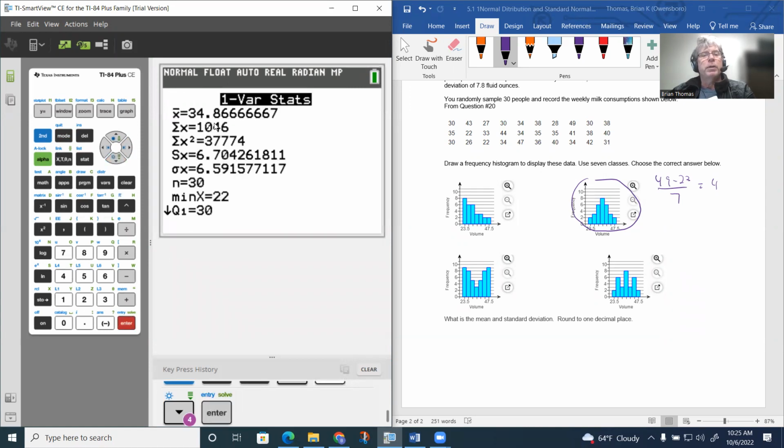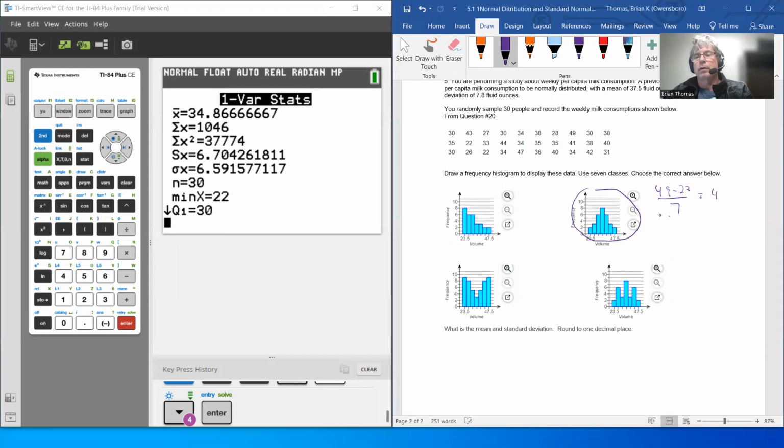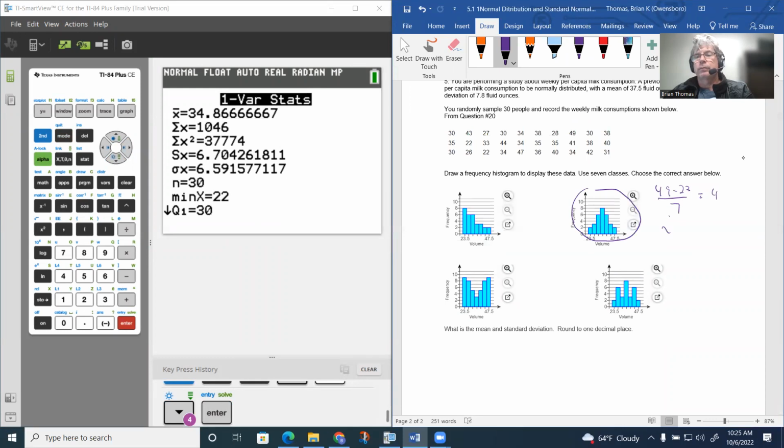our mean is going to be x bar, which is this 34.86. It looks like they're rounding to the tenths place, so 34.9 would be the mean. The standard deviation is actually going to be a sample standard deviation, so we have to use S and not sigma.